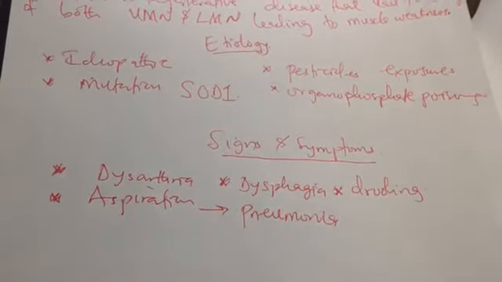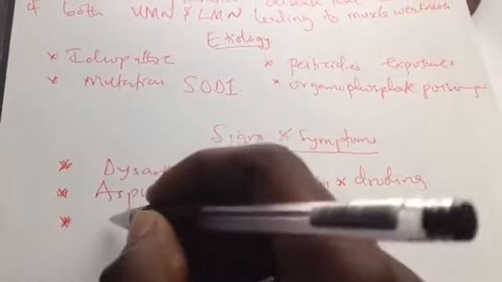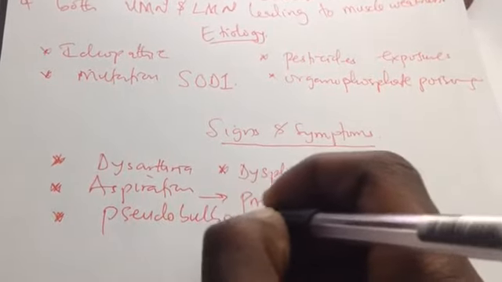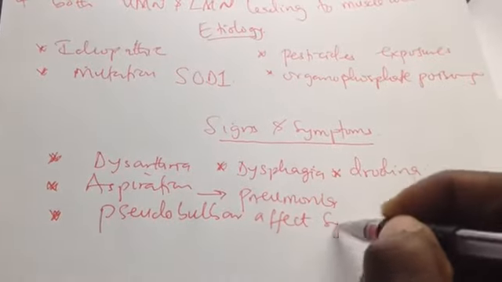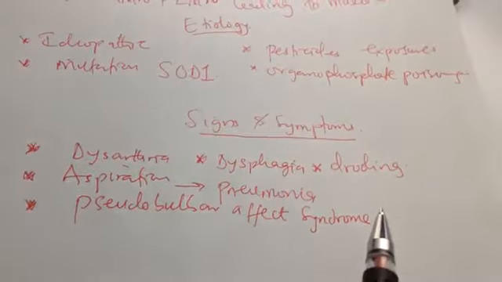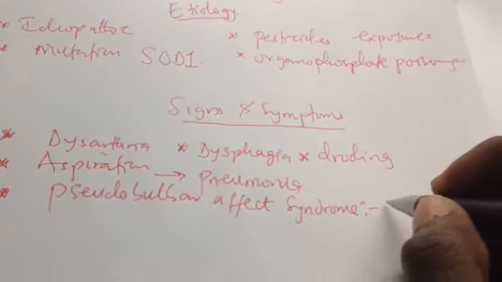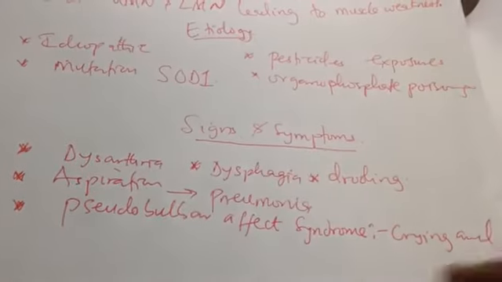Since the brainstem is affected, we have a syndrome called pseudobulbar syndrome. The patient is said to have this particular syndrome when he has a problem in his brainstem, when the patient is crying and laughing inappropriately.